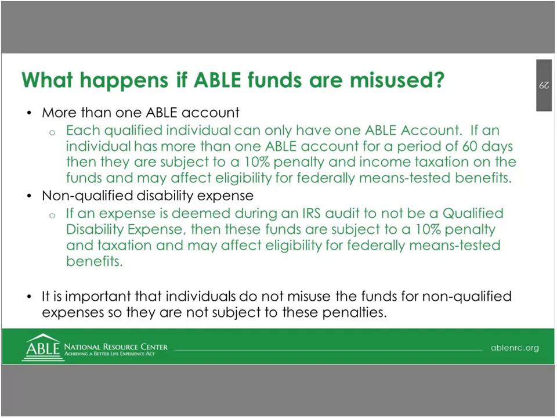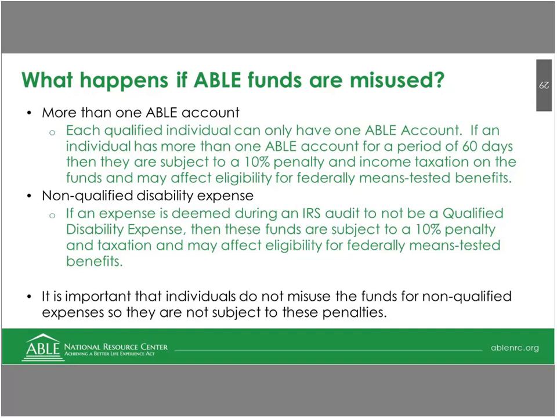If an individual has more than one ABLE account for a period of 60 days, then they are subject to a 10% penalty and income taxation on the funds and may affect their eligibility for federal means-tested benefits. And we have in there may affect, but will likely affect the eligibility for those benefits, because only one of those accounts will actually have the protection that is afforded to an ABLE account. And then again, a non-qualified expense.